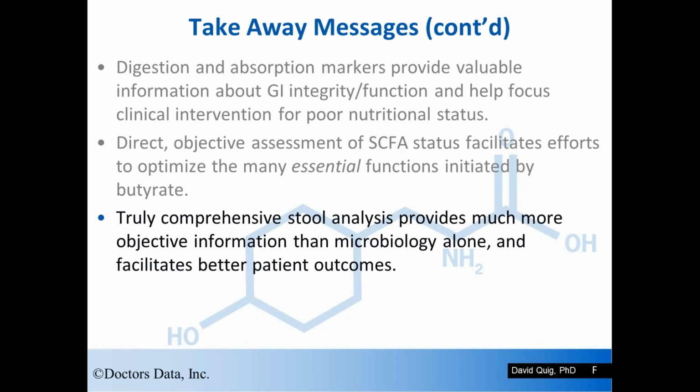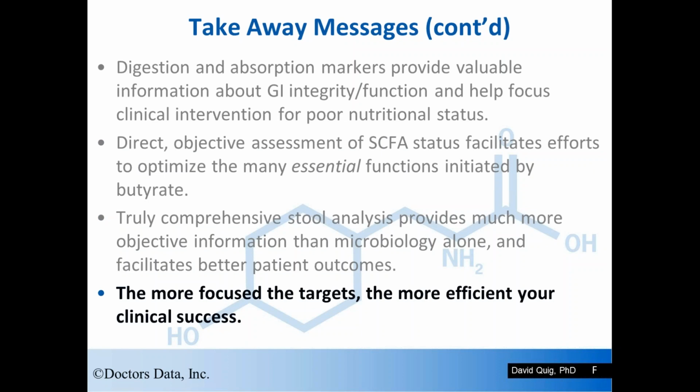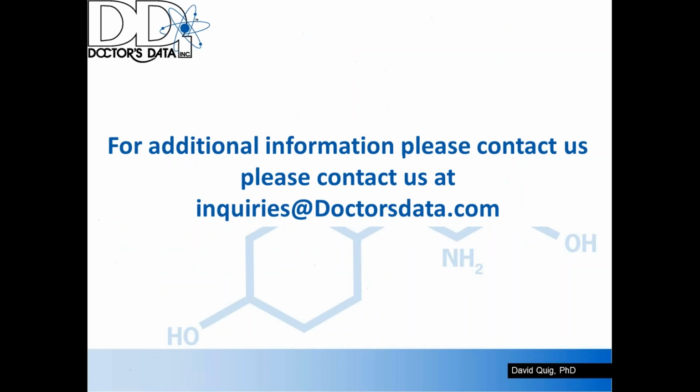Truly comprehensive stool analysis provides much more objective information than just microbiology and parasitology alone, and facilitates much better patient outcomes because, after all, the more focused the targets, the more efficient your clinical success and patient satisfaction.